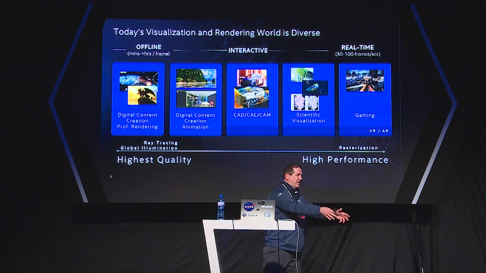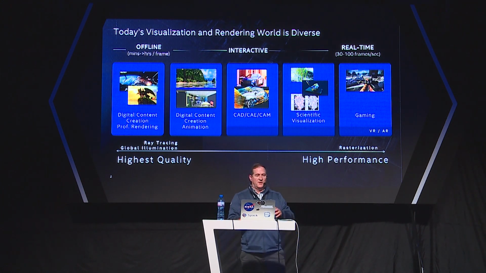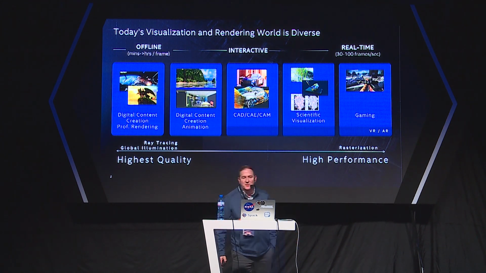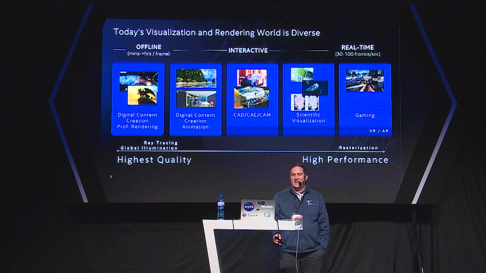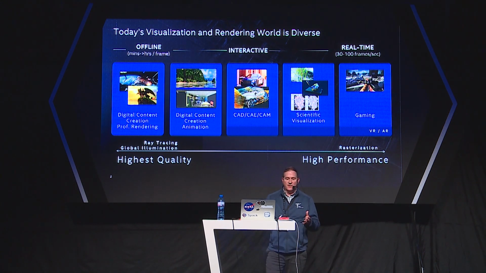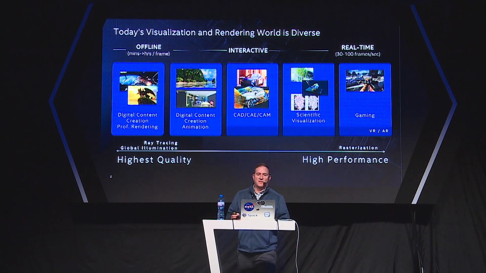They say that's for when we do all sorts of hours per frame, as Philip was saying. And then you start moving across the spectrum of interactive towards real-time rendering, all the way down to gaming. So these are all the areas that are touched in some form or another by rendering.